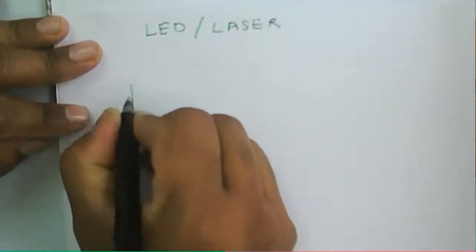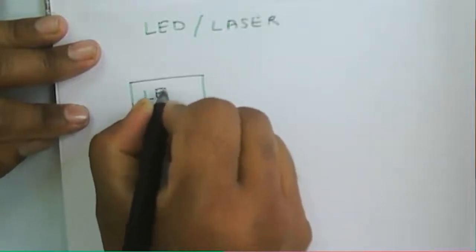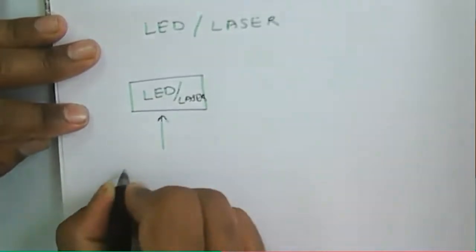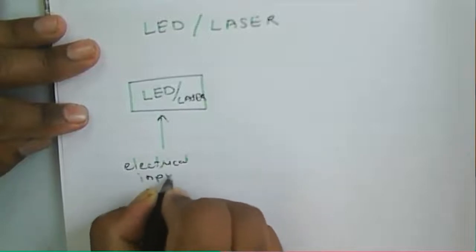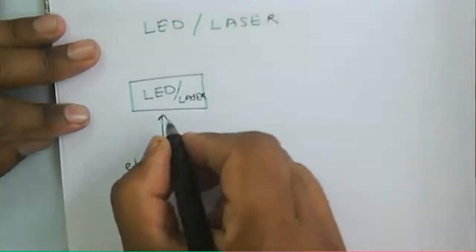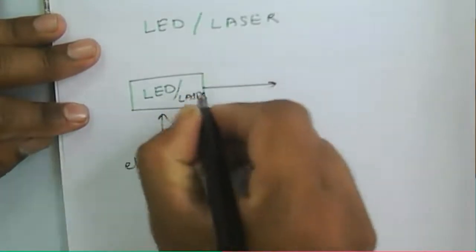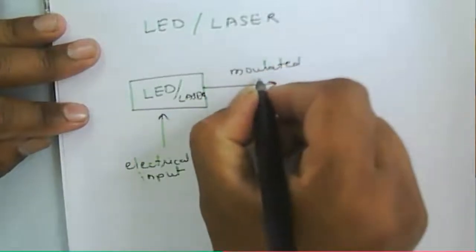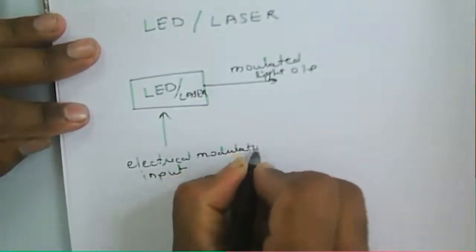So if you consider a source, that may be an LED or a laser there, we provide the electrical input to this, or electrical modulating signal, and then here it will generate that light. That is about the modulated light output, electrical modulating signal.